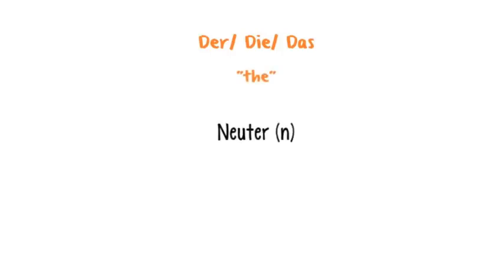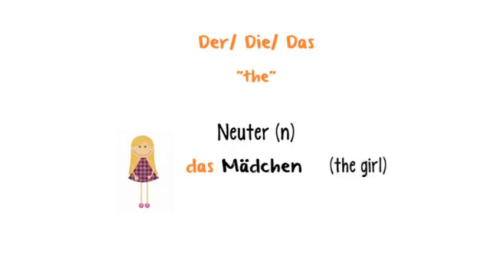In the last case we have the gender das, which is the neuter form. In this case we have the example of das Mädchen, which means the girl.